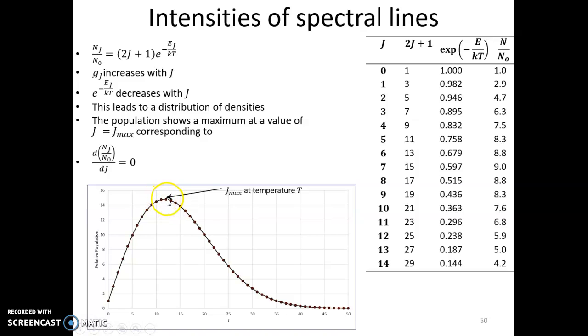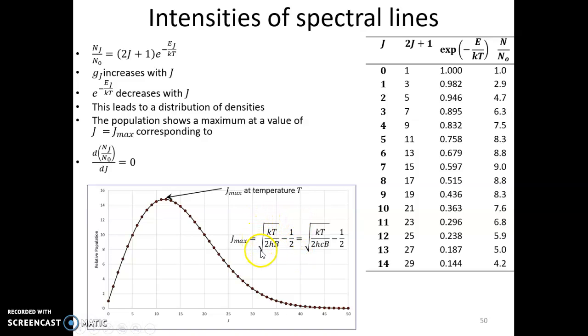So because this is relative population plotted against J, the tangent here corresponds to this differential being equal to 0, and this is obtained to be J max equals kT over 2hB, minus half.